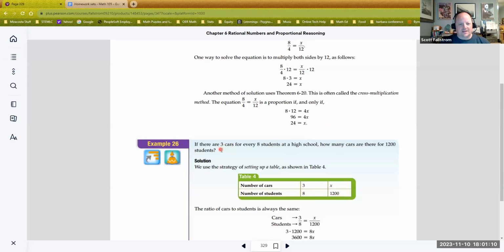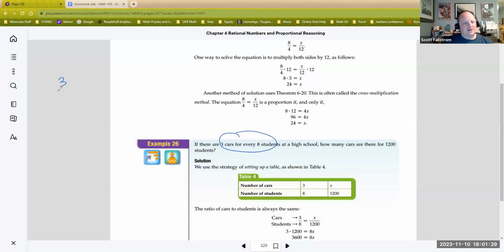So if I've noticed a ratio that for every 8 students at a high school, not everybody drives, but it seems like there are 3 cars showing up for every 8 students, then we have a ratio right here. That's 3 for every 8. Off to the side, I'm going to write down car to student, because that's what we're dealing with. Cars are on top, students are on the bottom.